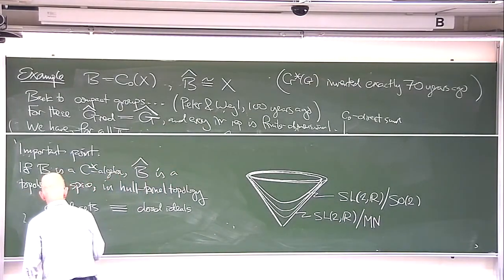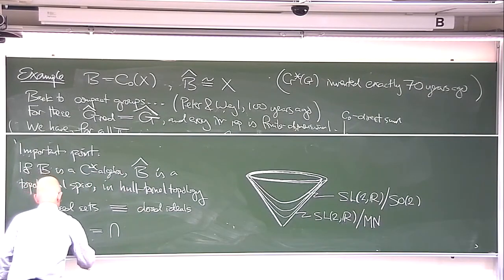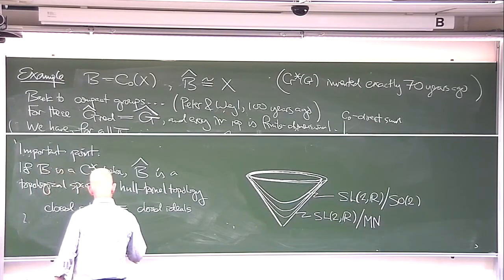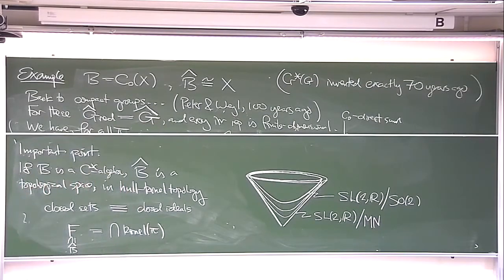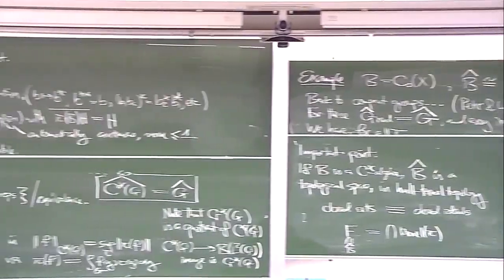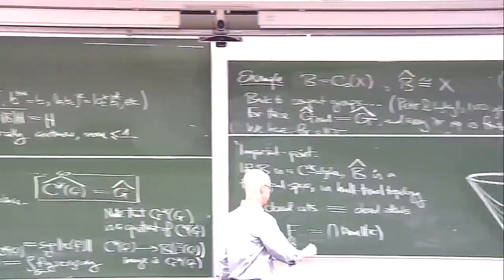If I have a closed set sitting inside of B hat, I can build an ideal, which is just the intersection of the kernels of all of these pi's. Each pi is, after all, an algebra homomorphism, so its kernel is an ideal in B. I just take the intersection here.